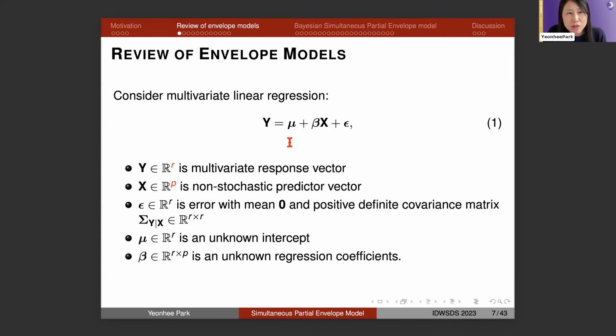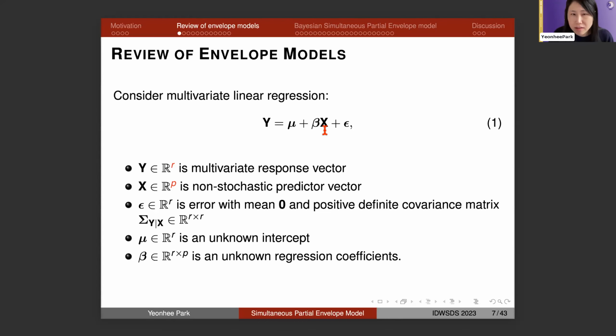Then we can consider the multivariate linear regression expressed in this equation, regressing R-dimensional response vector Y on P-dimensional predictor vector X. Here, epsilon indicates the error with mean zero and covariance matrix sigma Y given X. Then under the standard model, we estimate the regression coefficient beta by regressing each element of Y on predictor X, and then collect the estimates all together.